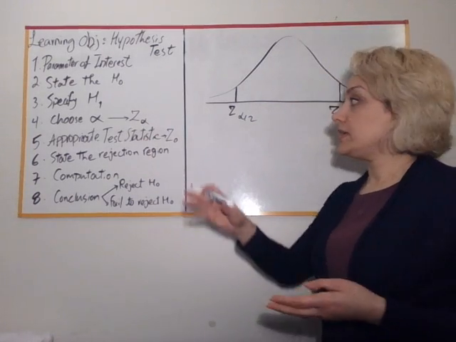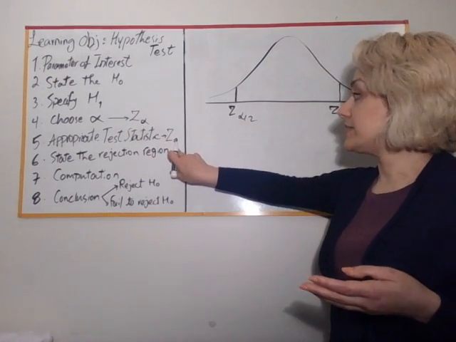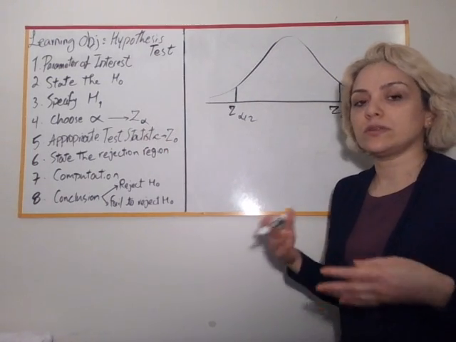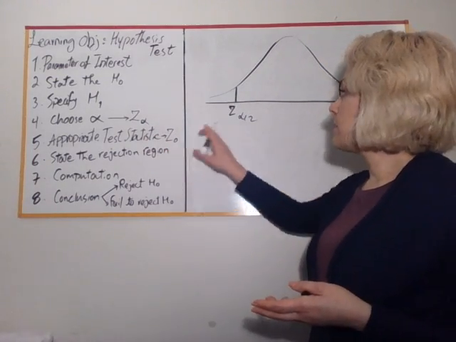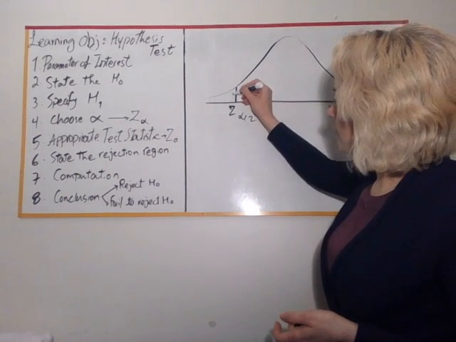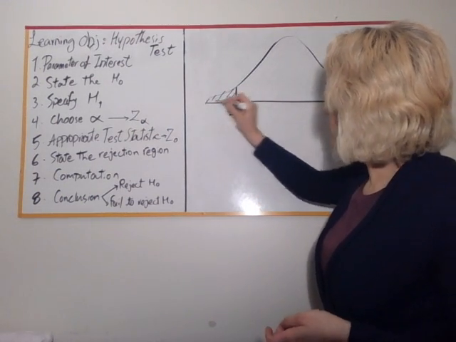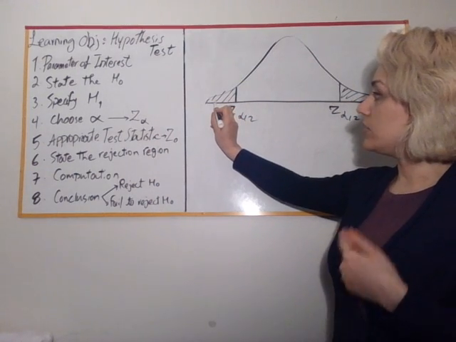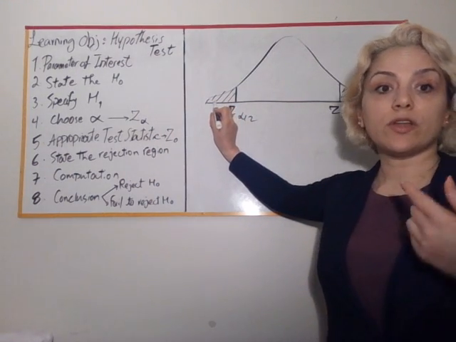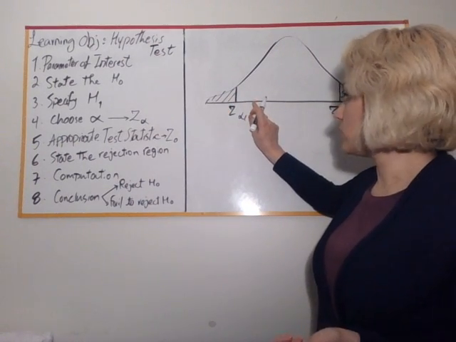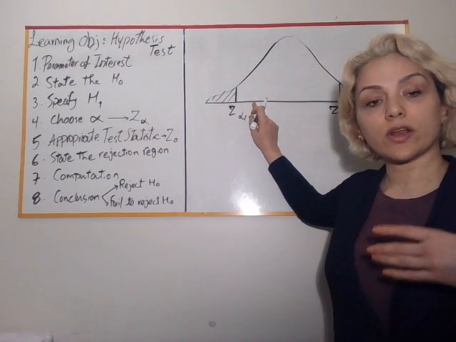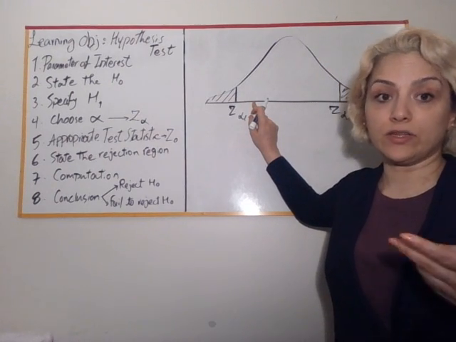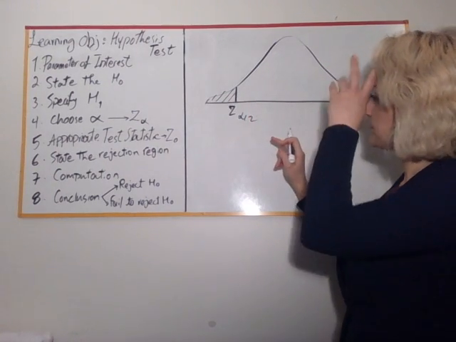Then, in the classic approach, we find the Z null from the test statistic, and for different categories we had different test statistics. We compare it, and if, for example, our Z null falls in this region, we are in the rejection region. If our Z null is here, we are not in the rejection region, so we fail to reject the null hypothesis.